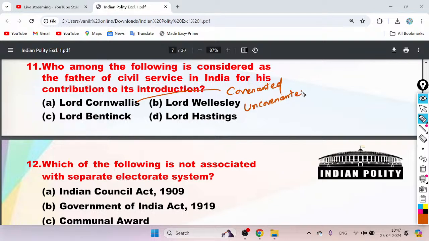He brought some reforms, so he is considered the father of Indian civil service for his contribution.